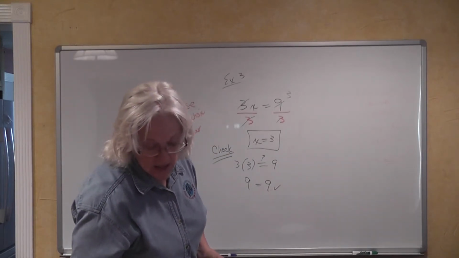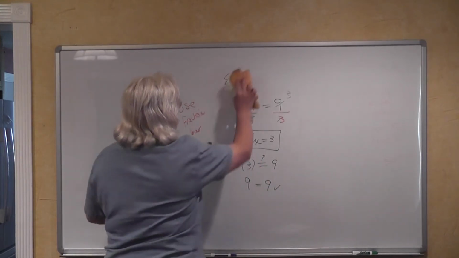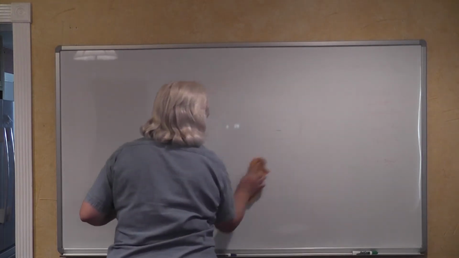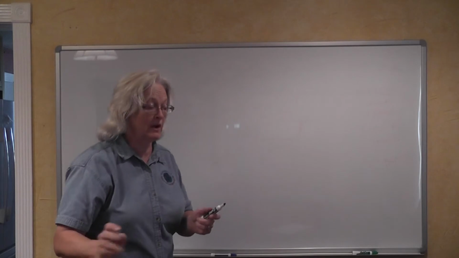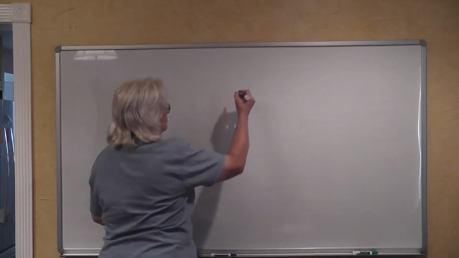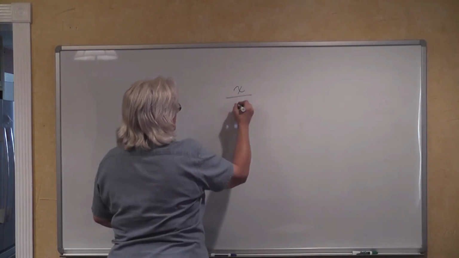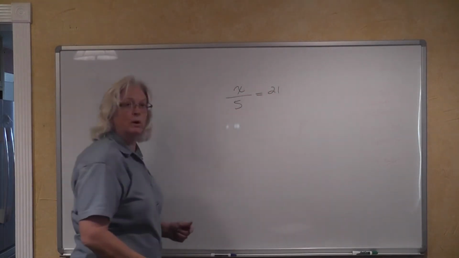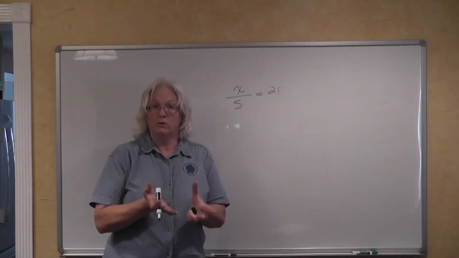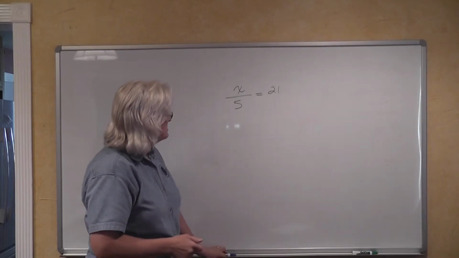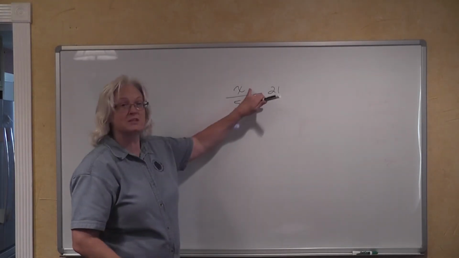So let's go ahead and look at example 4. And this is the fourth one that we had over here, where we said that x was going to be equal to 105. And some of you probably saw how I did that, and some of you thought, what in the world did you do? Well, let's see if I'm right. X over 5 is equal to 21. What do we do to solve this equation? The first thing is look at the variable and we see what's happened to it.